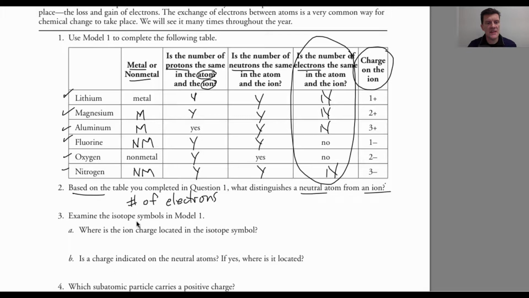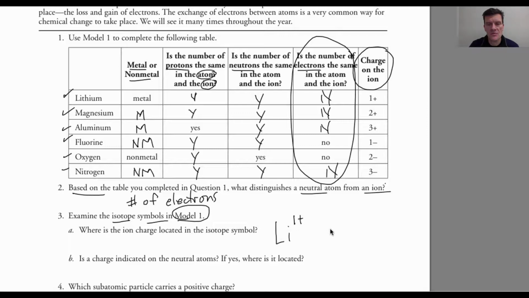Number 3, examine the isotope symbols in Model 1. Where is the ion charge located in the isotope symbol? And I kind of mentioned this already. Like for lithium, you would see there's a little ion charge raised and kind of upper right, and you might see a 1 and then a plus. Usually the plus or minus sign is written after the number.